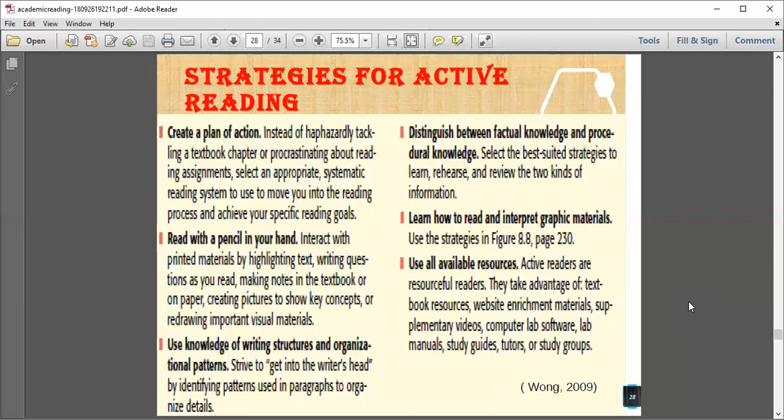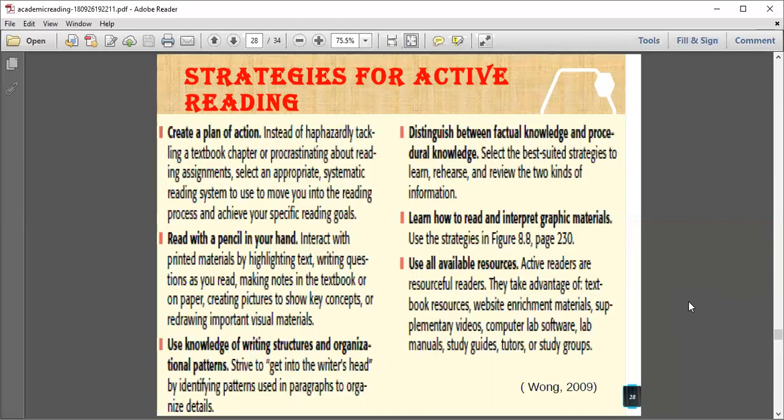Then read with a pencil in your hand. Interact with printed materials by highlighting text, writing questions as you read, making notes in the textbook or on paper, creating pictures to show key concepts, or redrawing important visual materials.